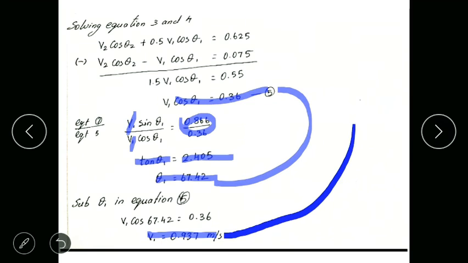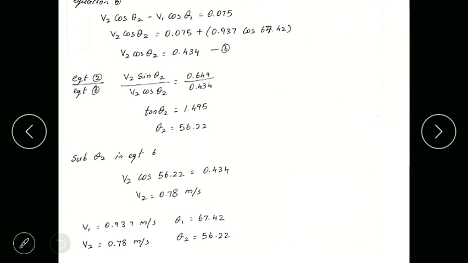Now I can substitute this final velocity in equation 3 or 4. Substituting V1 in the equation, V2 cos theta 2 equals 0.075 plus 0.937 cos 67.42.